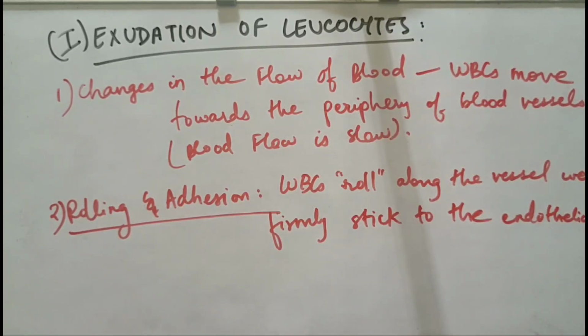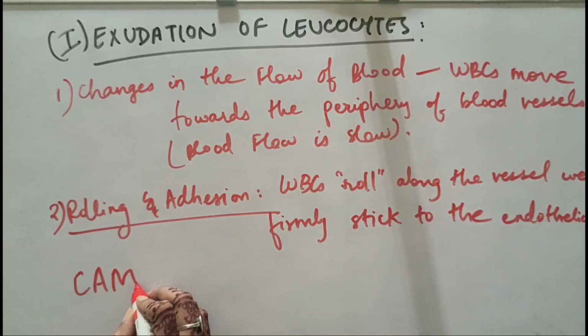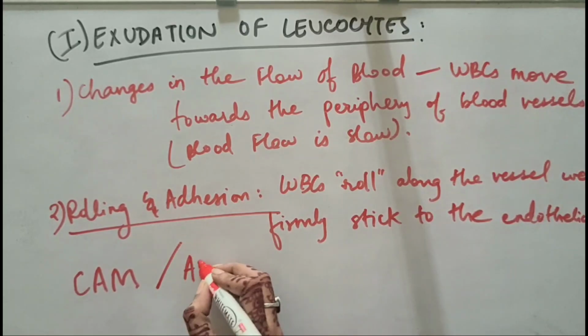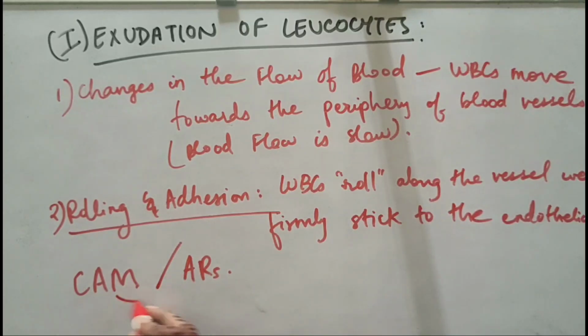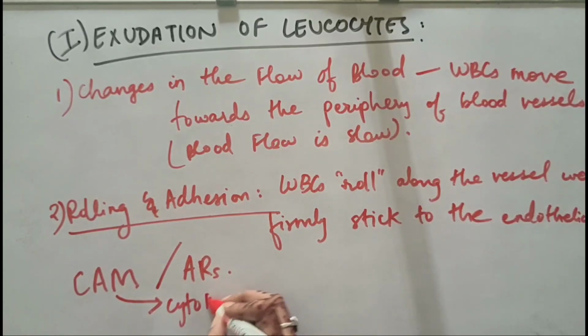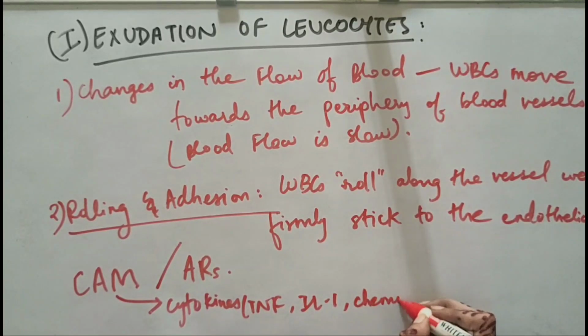Now the process of rolling is facilitated by the following: CAMs, that is the cell adhesion molecules, or ARs, that is the adhesion receptors. Now CAMs are expressed in response to cytokines. That can be TNF, IL-1 or chemokines, that are produced after exposure to microbial infection and cell damage.